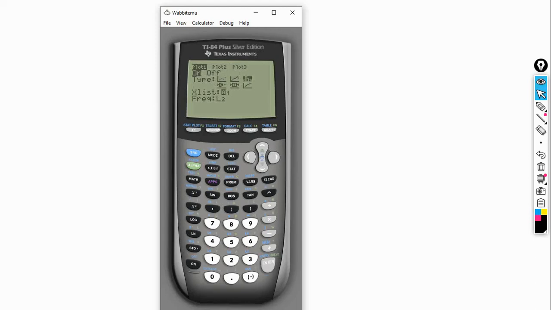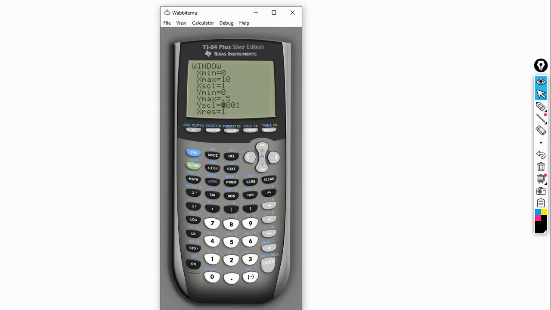And then we're going to go down and make sure X list is list 1 and the frequency is list 2. The other thing we have to be careful with is the window. So notice that I have a minimum for X of 0, a maximum of 10, which is just a little bit above the 9. The X scale at 1 is fine. The Y minimum is 0 and the maximum is 0.5. That is because the maximum probability was about 30%.